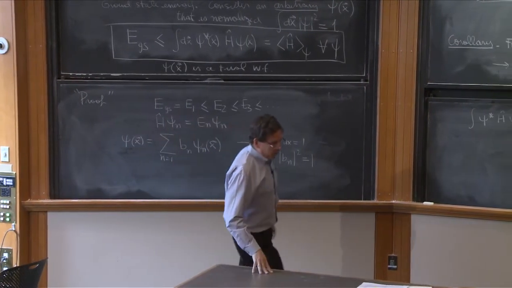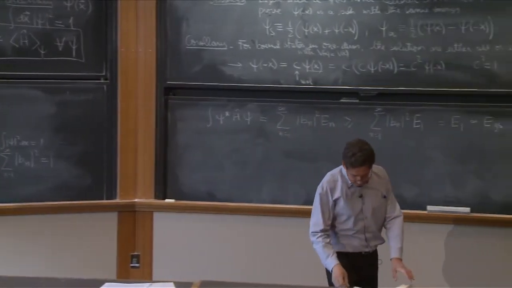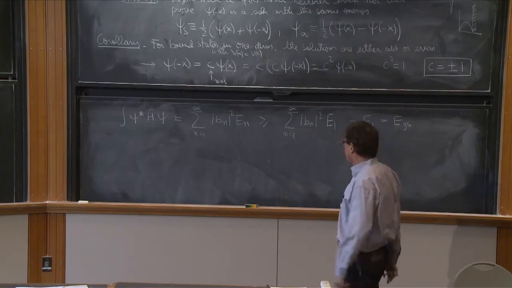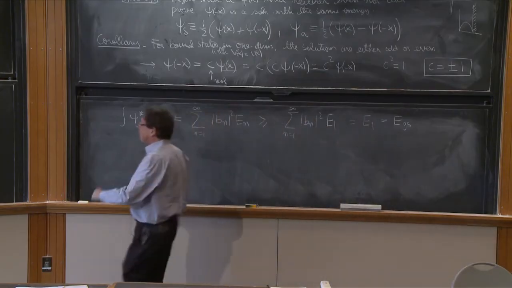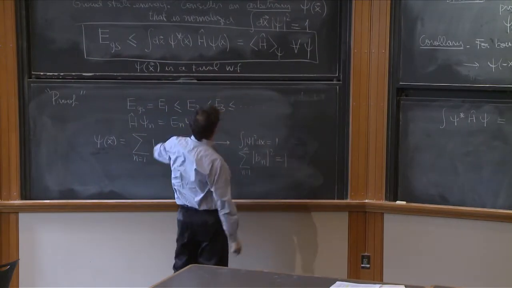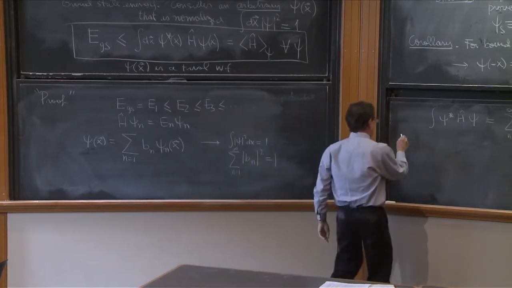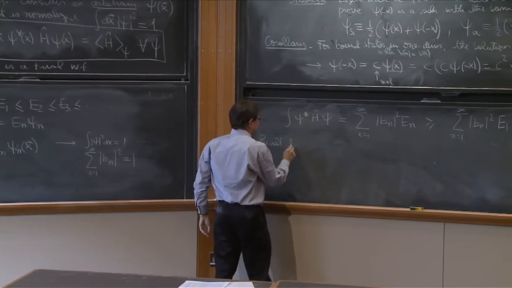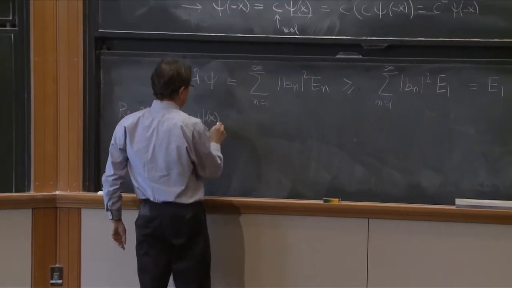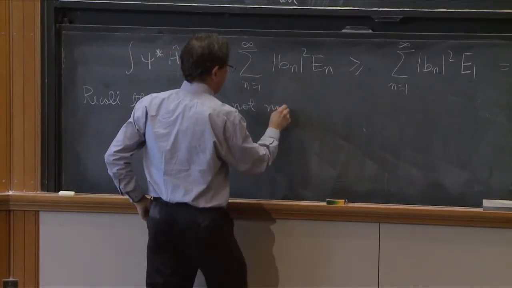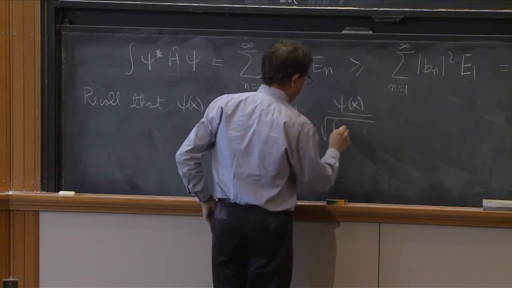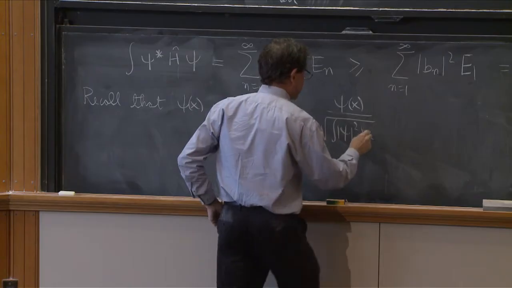So where do we go from now? Well, let's make a more general statement of the variational principle. Again, sometimes it's not all that convenient to have normalized wave functions. So recall that if psi of x is not normalized, psi of x over the square root of the integral of psi squared dx is.